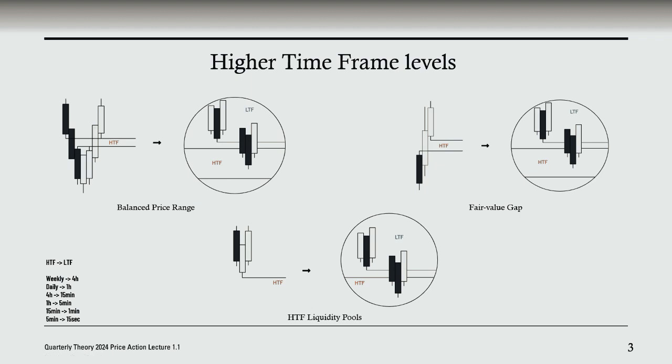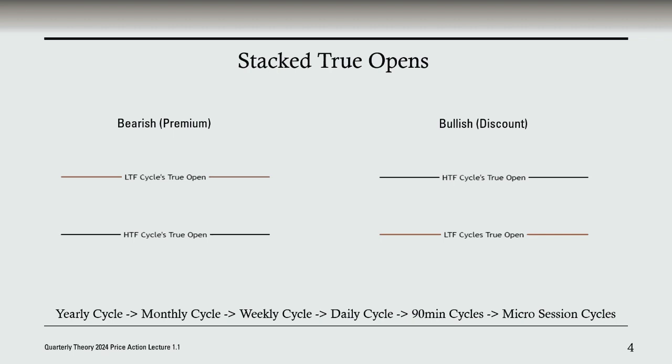Now I'll be introducing stacked true opens. Most of you guys know what is premium and discount in regards to price. Now I'm going to share what is premium and discount in regards to time. In bearish markets, you will have stacked true opens, which is a lower time frame cycle's true open above a higher time frame cycle's true open.